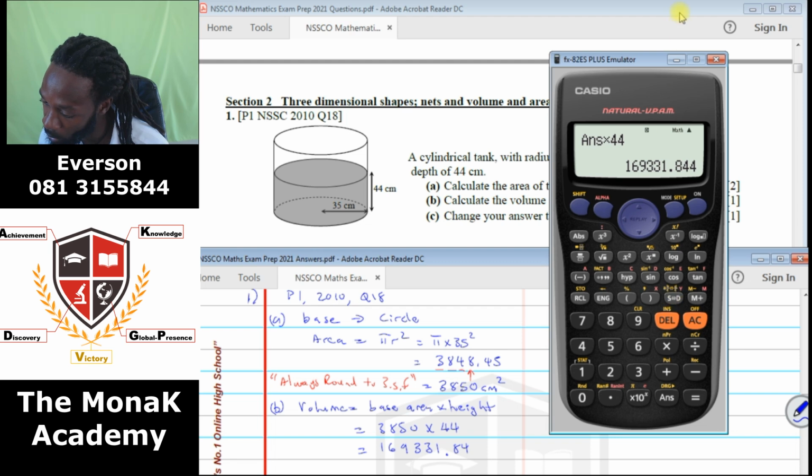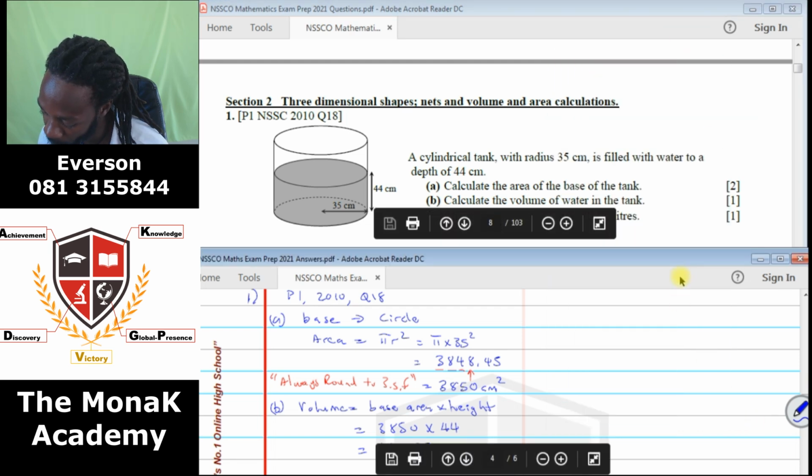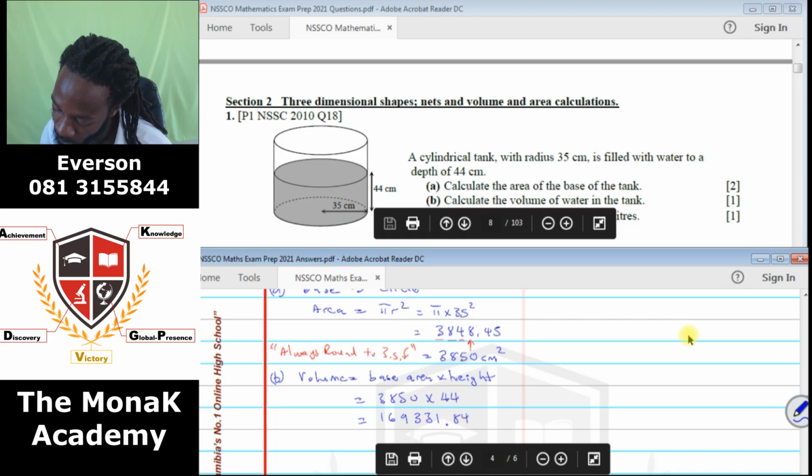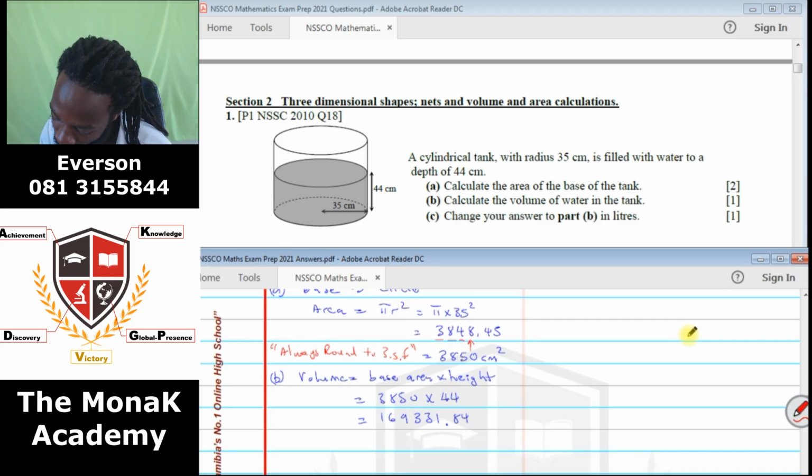We do our rounding off to 3 significant figures. So we count 1, 2, 3. We look at the fourth one, making the final answer equal to 169,000. Now it's volume, so it's cubic centimeters.